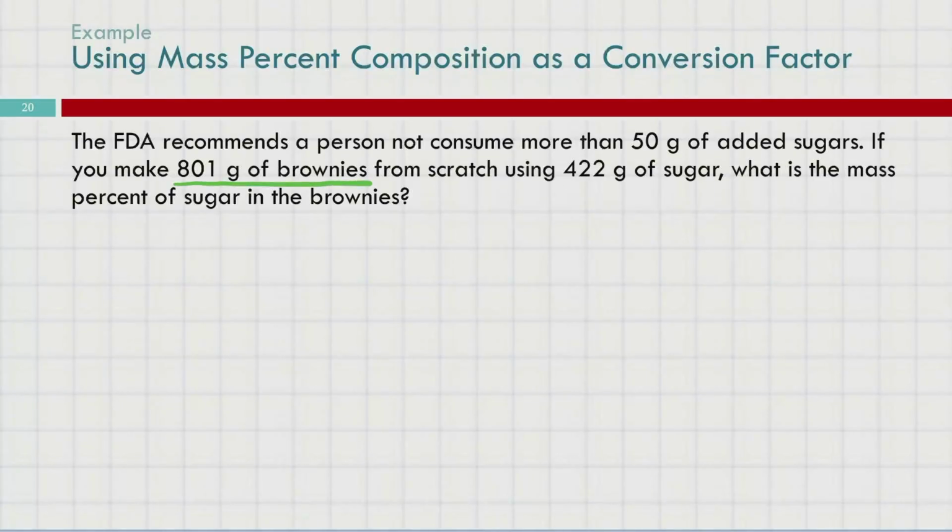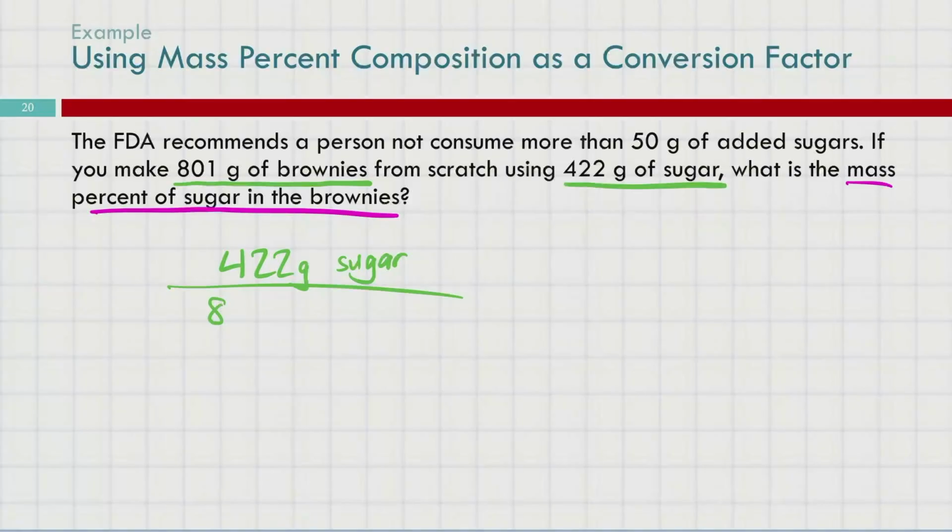So we're making 801 grams of brownies. That's going to include 422 grams of sugar. We want the mass percent of sugar in the brownies. So we are going to take the thing that we care about, the 422 grams sugar. The sugar is in the brownies. It's part of the brownies. The brownies also has other stuff in it. So that's going to be the total part.